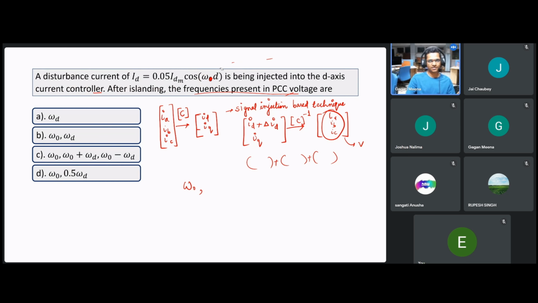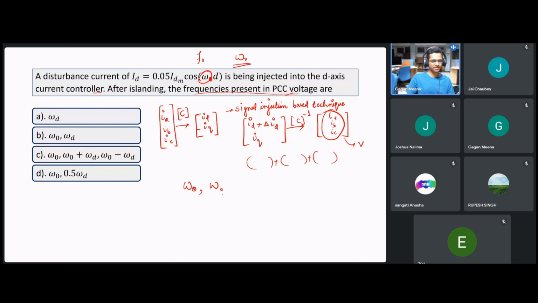This should not be omega naught, I'm sorry. This is omega d only. But the fundamental component in the current is omega naught, and this is the disturbance frequency omega d.